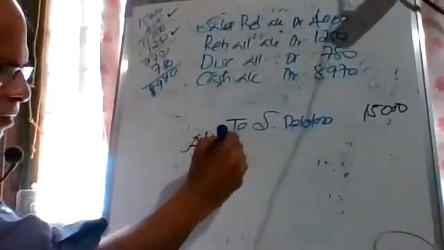Who will say the answer? Write here alternatively: Sales return account debit, rebate allowed account debit, discount allowed account debit to sundry debtors account. Okay, congratulations.